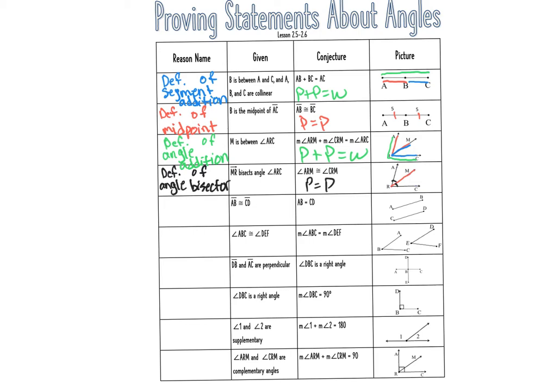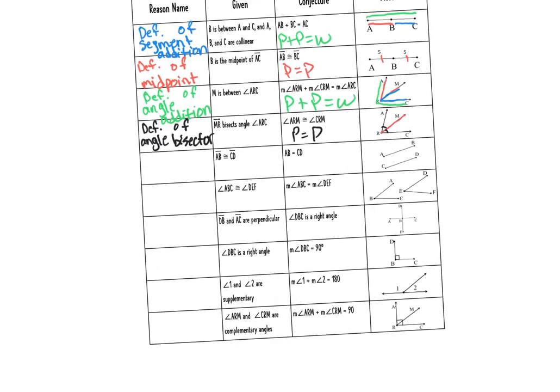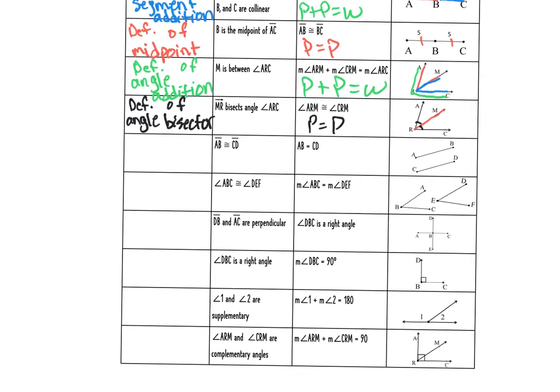Awesome. Moving on here, it says segment AB is congruent to segment CD, which means that if they're congruent, they're the same in length. So we can also say AB equals CD. Add your hash marks, which means they're also equal in length.